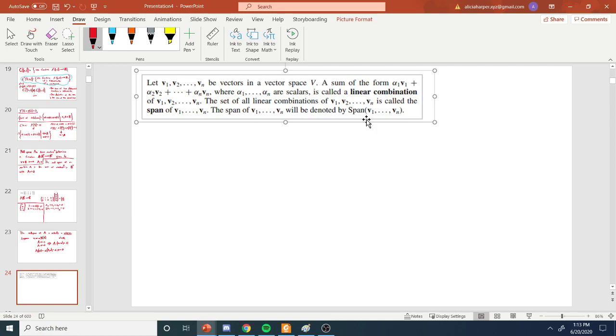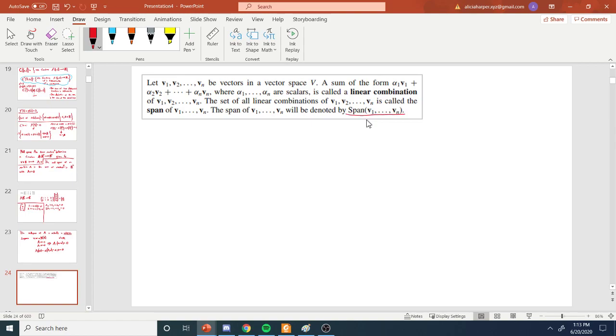Then a sum of the form alpha 1 v1 plus alpha 2 v2 plus and so on up to alpha n vn, where alpha 1 through alpha n are scalars, is called a linear combination of v1 through vn. The set of all linear combinations is called the span of v1 through vn. And we denote the span by this notation.